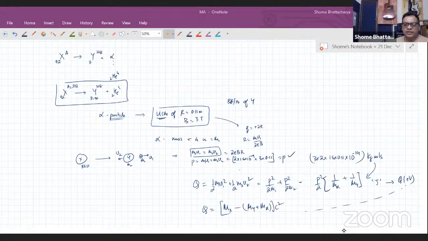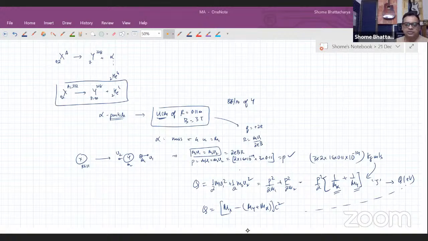Now once you got the momentum, from that you know the momentum of the daughter nucleus Y is also the same in magnitude because it's equal and opposite in direction. So I know this linear momentum P of both of them. So the kinetic energy of the products is basically what? P square by 2M1 plus P square by 2M2. And M1 and M2 are nothing but the masses of the alpha particle and the mass of the daughter nucleus, both of which are given to you. So you can calculate the Q value in joules and then convert it to electron volts. Right, so that is also clear.